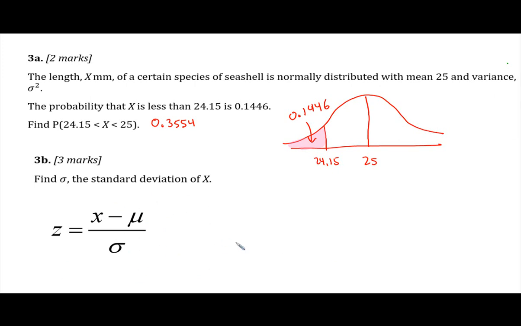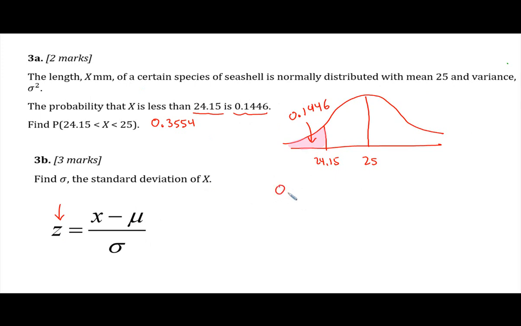So in this situation, remember they told us that when the x value is 24.15, the probability area is 0.1446. Here's a picture of the information that we were using earlier. When we set this up, remember the z right here represents this area.